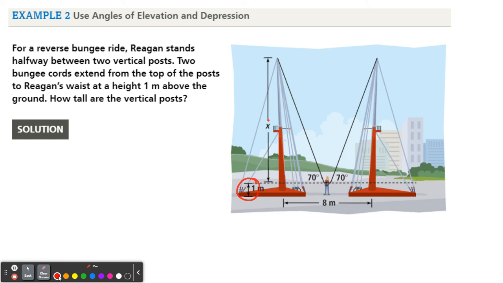We're going to assume that where this pole hits this 1 meter above, this is a right angle. So this is a right triangle problem. 70 degrees is our angle. We know that this 8 is split into 2 congruent segments, so this is 4 and that's 4.